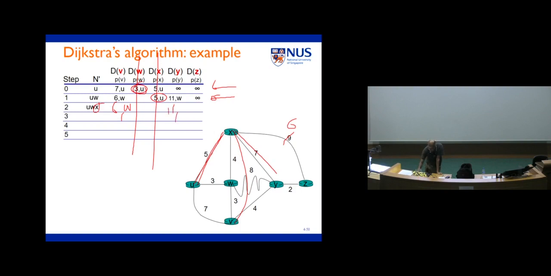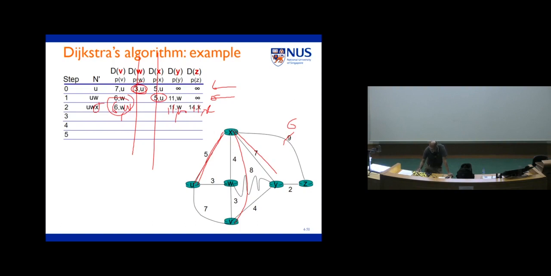So this will be W. Previously the cost of Z was infinity, so now 5 plus 6 is 11. I'm going to write 11x here. Okay. Now I'm going to pick the smallest one, which is this guy.